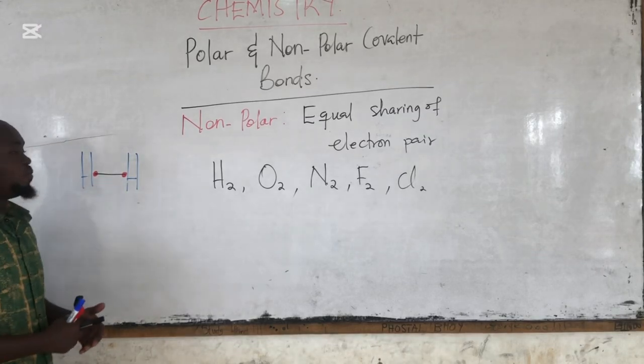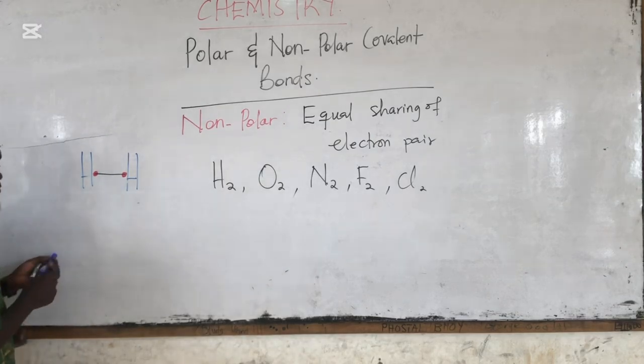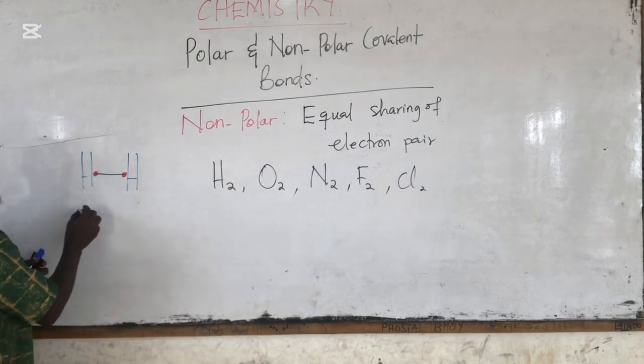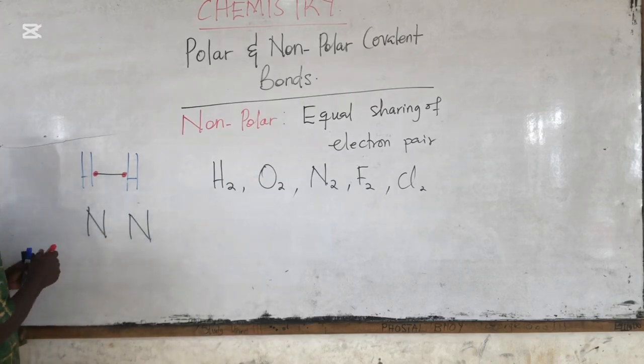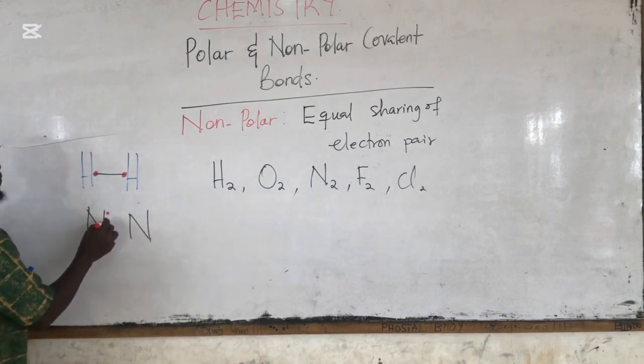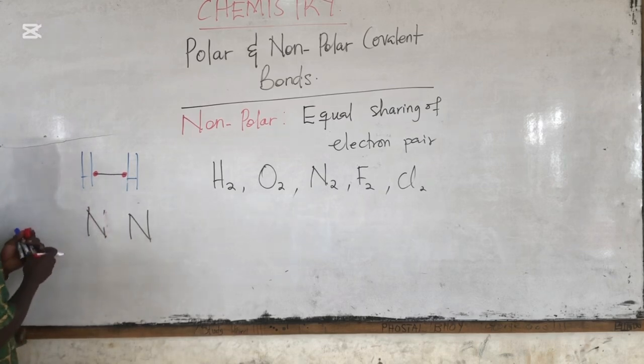Now, we can look at another example, N2. In N2, we have two atoms of nitrogen. Nitrogen having 5 valence electrons.